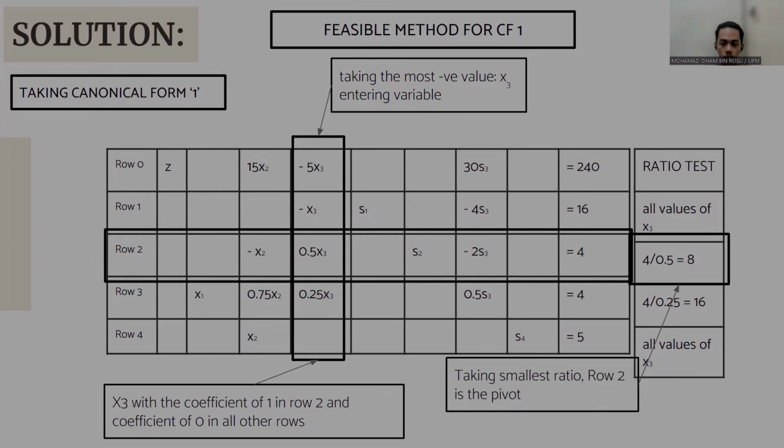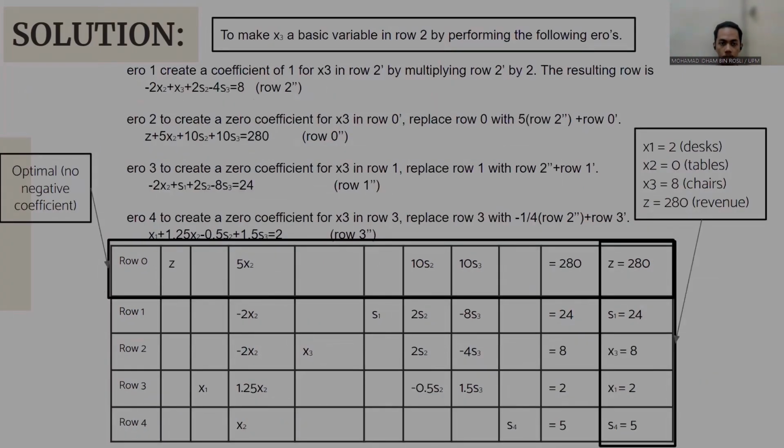With that, we make the coefficient of x3 in row 2 equal to 1, and the coefficient of x3 in the other rows equal to 0. First, we create a coefficient of 1 for x3 in row 2 prime by multiplying row 2 prime by 2. Then we create a zero coefficient for x3 in row 0 prime by replacing row 0 with 5 times row 2 double prime plus row 0 prime.